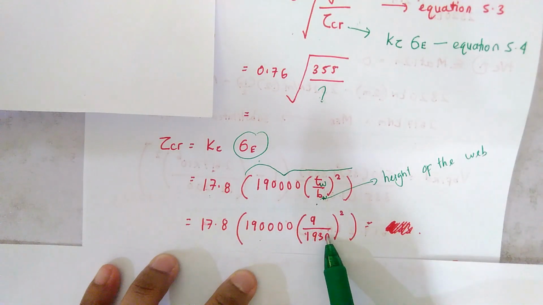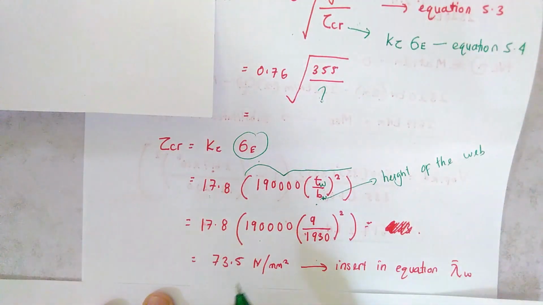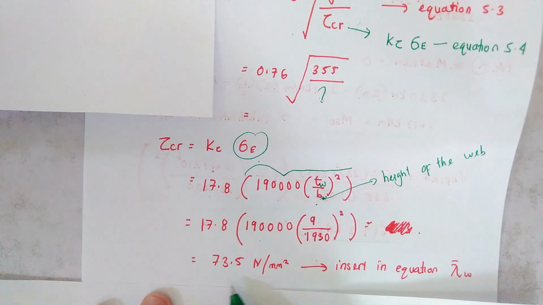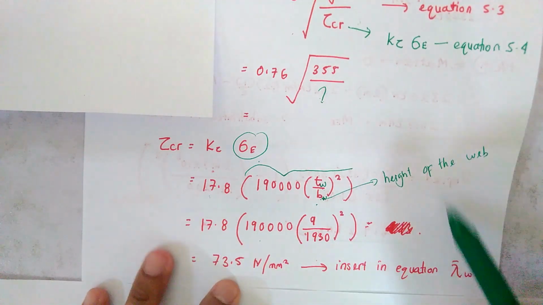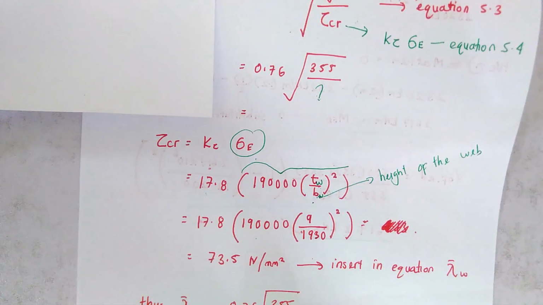So you insert this into the equation. Finally, you will get 73.5 Newton per millimeter squared. This value you can insert back into the lambda equation and you will get 1.67.